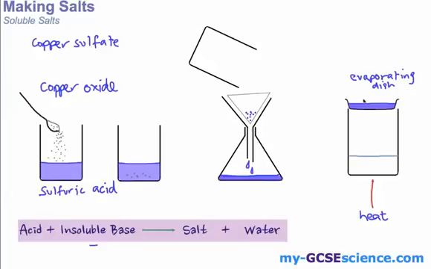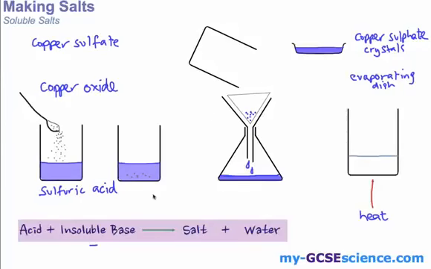We evaporate it down to about halfway, and then we take our evaporating dish, put it somewhere near a window, and let it sit there over a few days. And after a few days you will see copper sulfate crystals, and this is our salt that we have produced by adding an acid to an insoluble base.